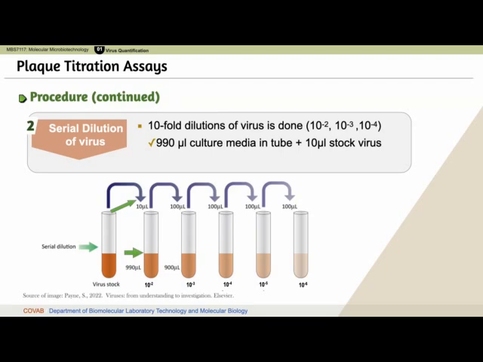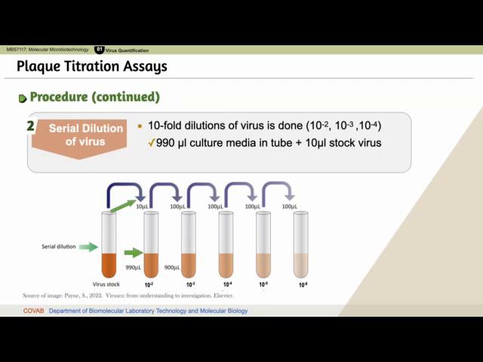Discard the pipette tip that you're using on the Eppendorf, put in another, and agitate it gently to make sure that all the virus has mixed with the culture media and we've got a homogeneous solution. So there we've got our virus that has been diluted to a concentration of 10 to the minus 2.